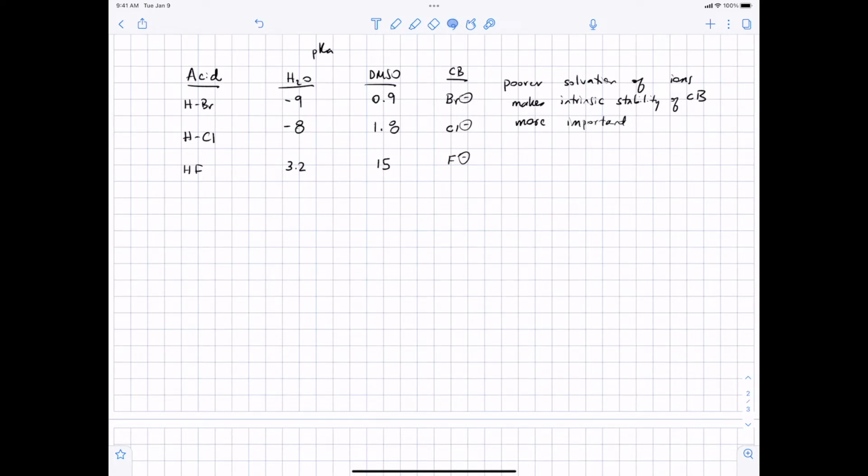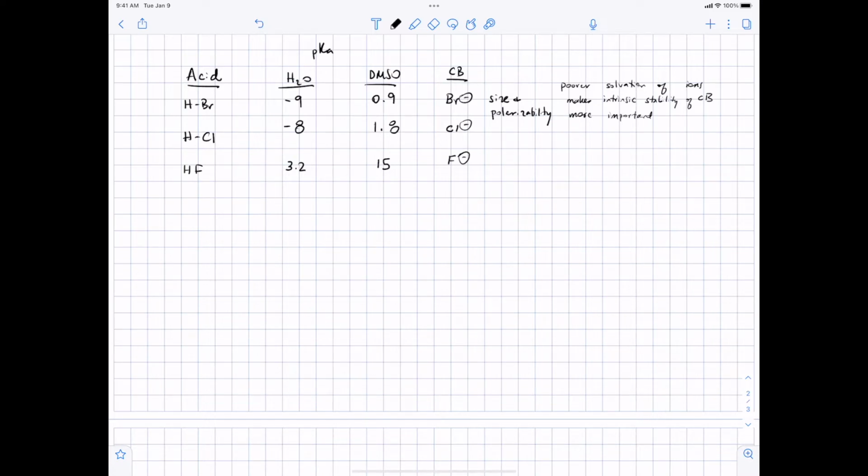Yep, size and polarizability, right? Bromine is larger, spreads out electron density over a larger amount of space. It's way less electronegative than fluoride, but when comparing conjugate bases, if there's a size difference, the size difference matters. For comparing conjugate base stabilities, the size difference matters more than the electronegativity difference.